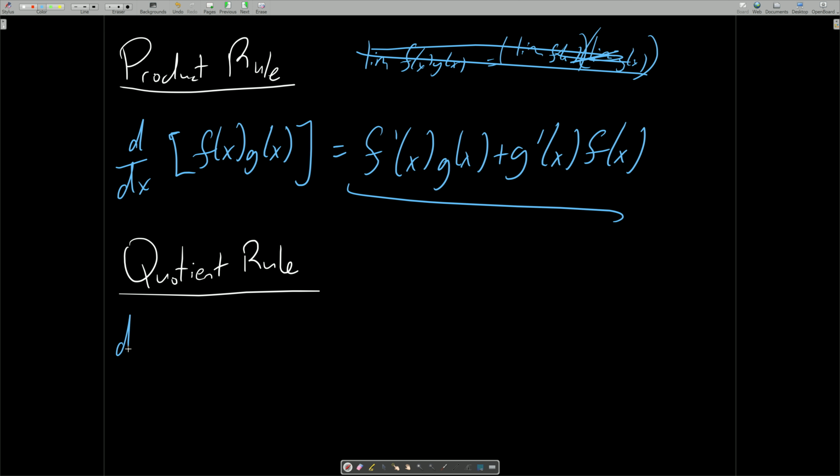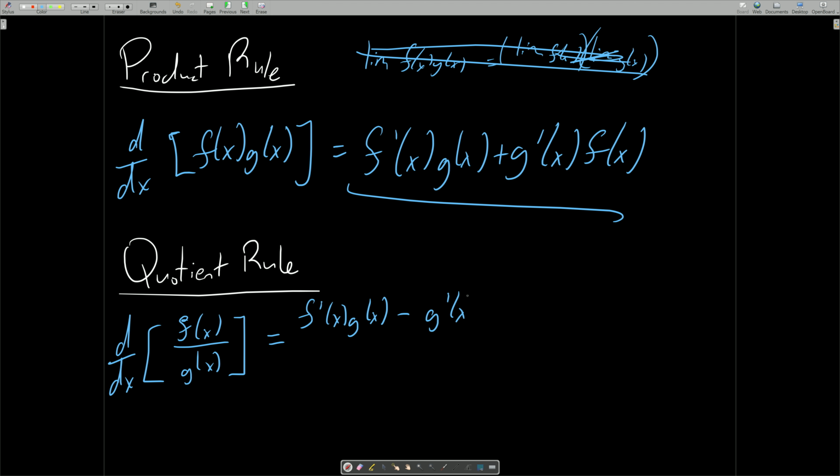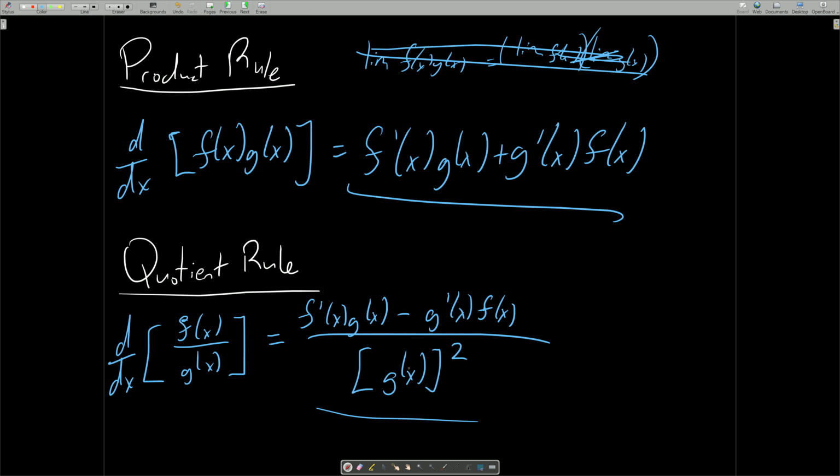You have to memorize this. Same thing for quotients. There's another rule for one function divided by another. Call the top one f and the bottom one g. So it's f prime g minus g prime f over g squared. You have to memorize this one too.